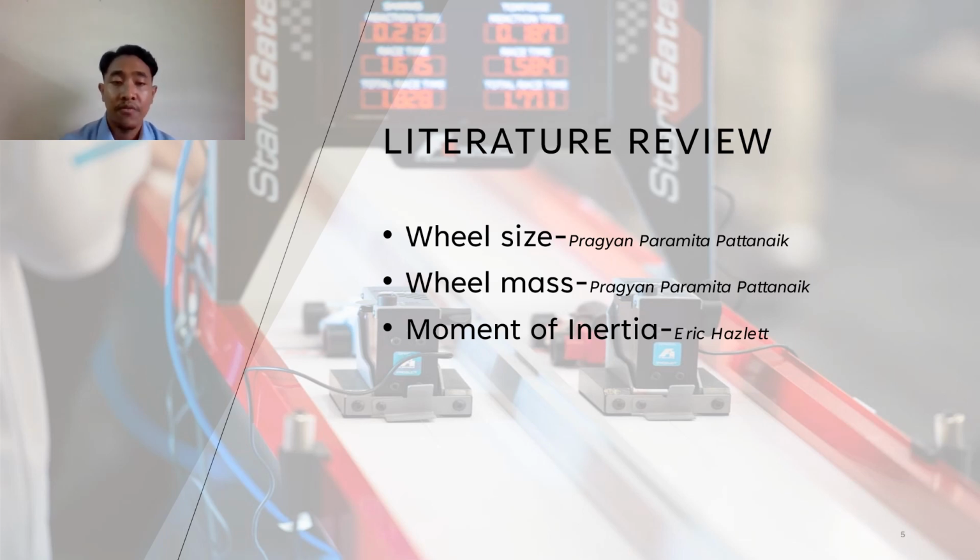Lastly, moment of inertia. The moment of inertia must be in the smallest value possible. By referring to the formulation, the mass and the radius of the wheel must be in the smallest value, but enough to withstand the total load of the car. The acceleration may be determined with accuracy by measuring the duration and length of the mass drop.